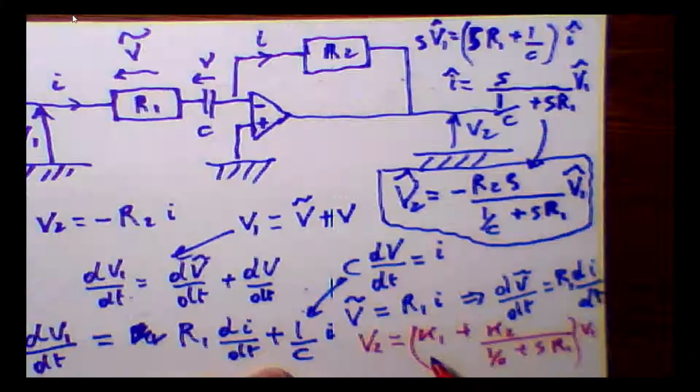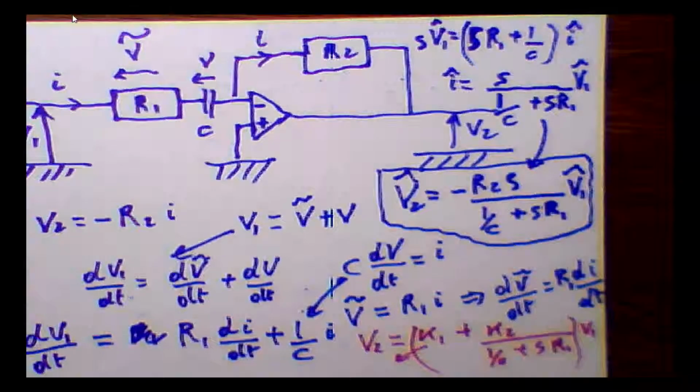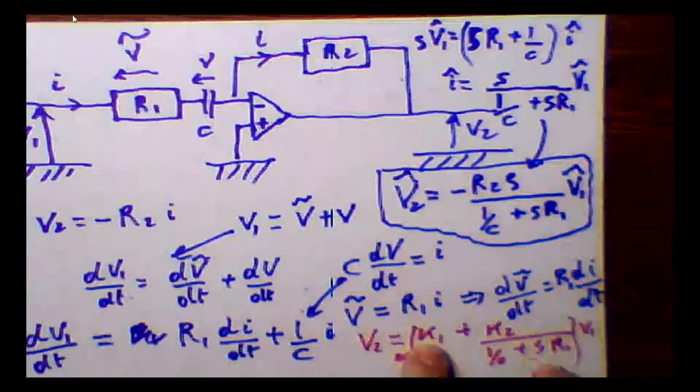It's called a proportional plus lead controller, or to be more precise, a proportional plus lag controller. And we will talk about it later. However, it is still not what we want. It's a combination of things we want, but not what we want.